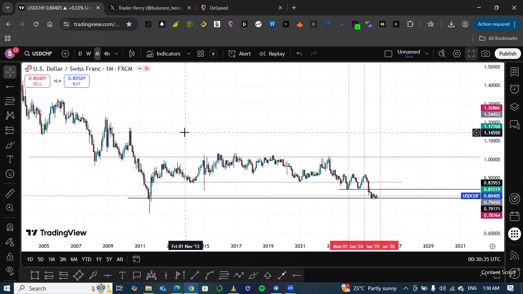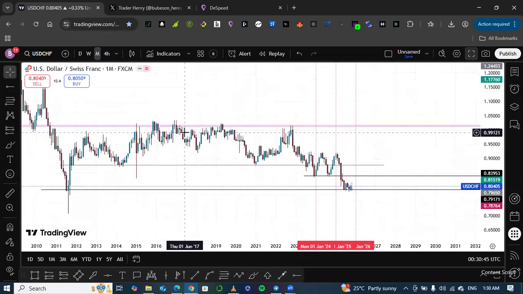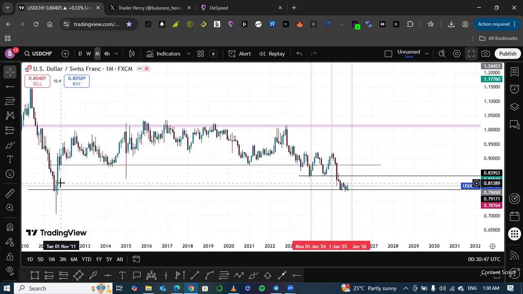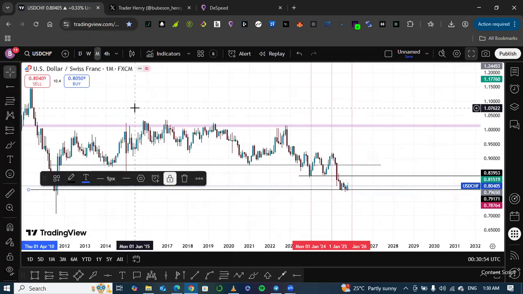I didn't pay close attention to this, but I knew that if DXY is going to buy and EURUSD and GBPUSD are going to sell, then USD has to do some buying too. So that's why I just came over to USDCHF. But looking back now, I can spot a level here which I didn't spot before. I didn't zoom out before to notice this level.